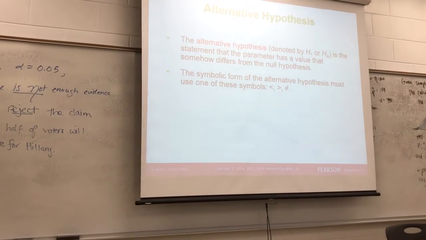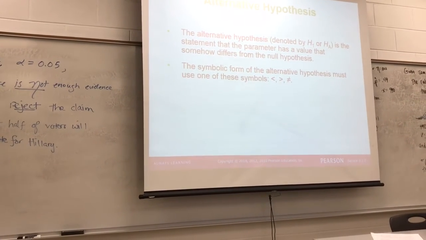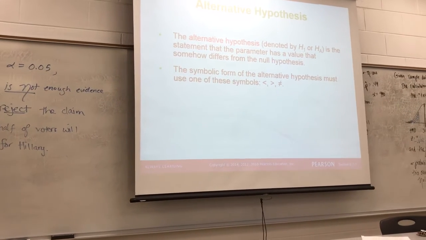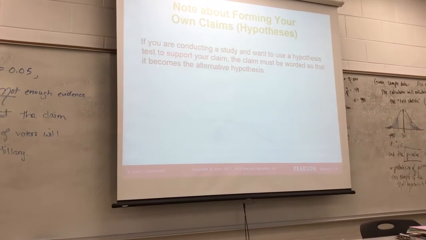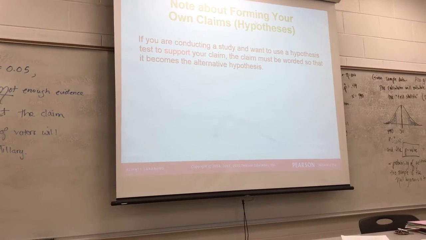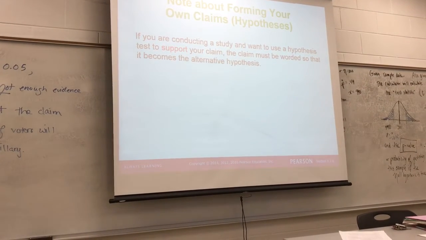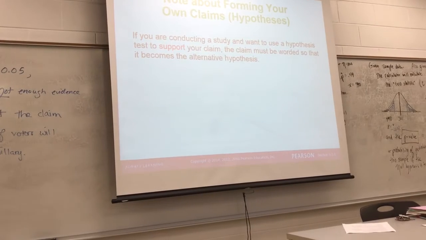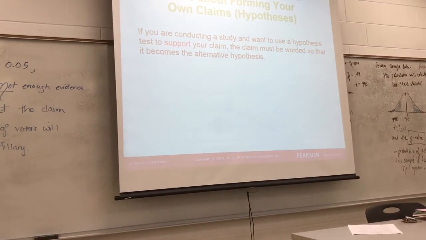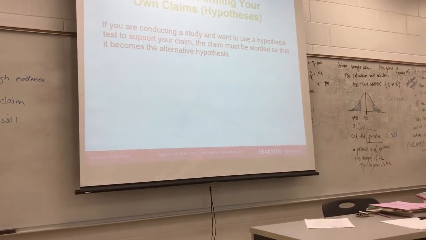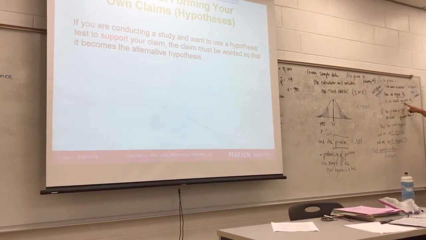We support each one, the different one. Little tip if you're doing your own hypothesis test and out in the field doing research, that you should probably state your hypothesis or claim as an alternative hypothesis so that you can use the word support.